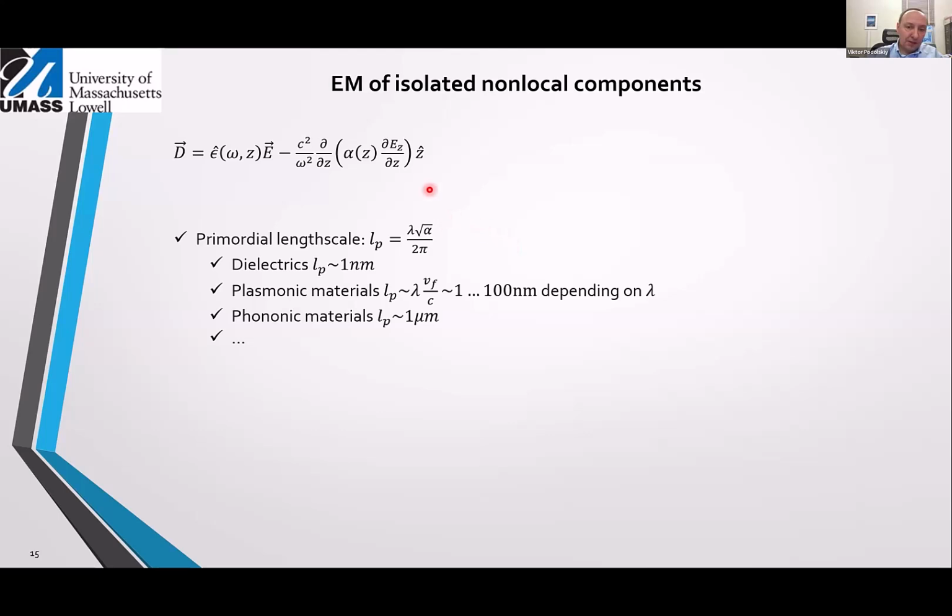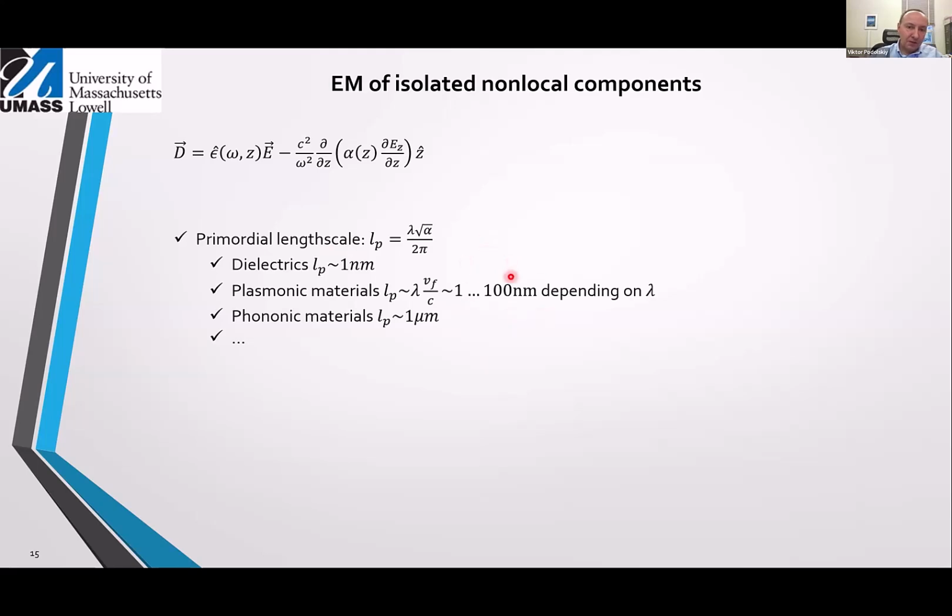If you start plugging in numbers for dielectrics, this primordial scale is of the order of a nanometer. This is exactly the scale where the plasmon resonance between two metal particles disappears. For plasmonic materials themselves, this length scale is given by the ratio of Fermi velocity to speed of light times the wavelength. Depending on the metal and plasmonic material, it can be from 1 to 100 nanometers.